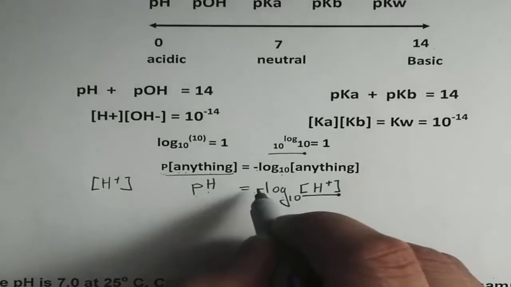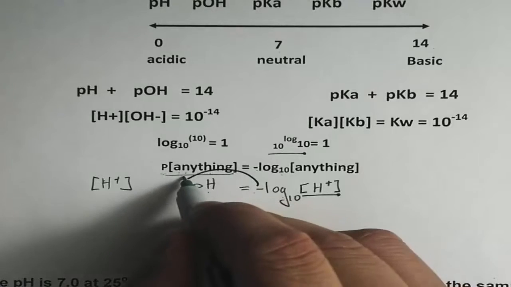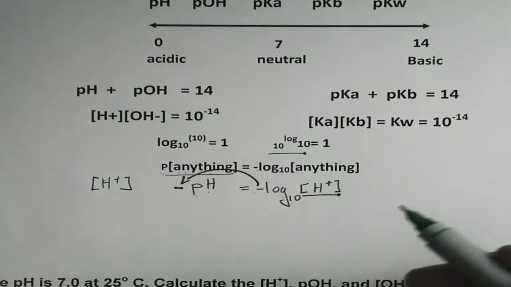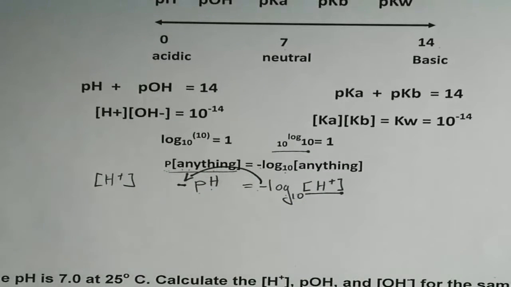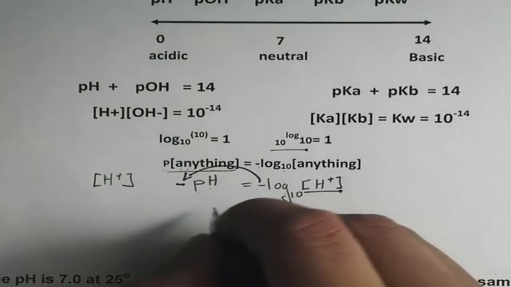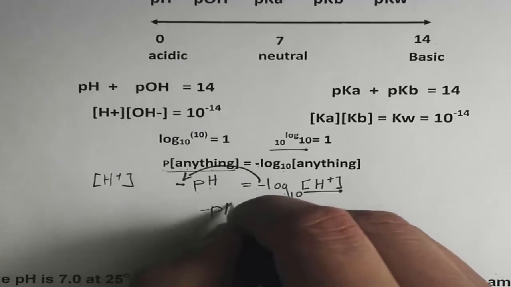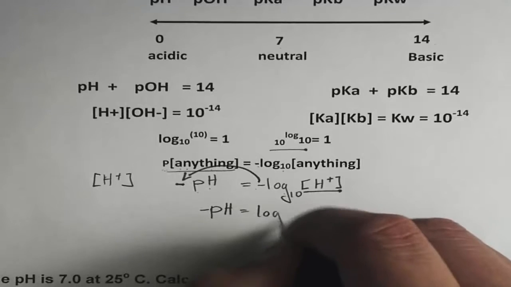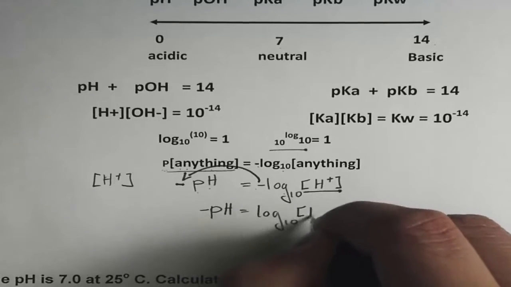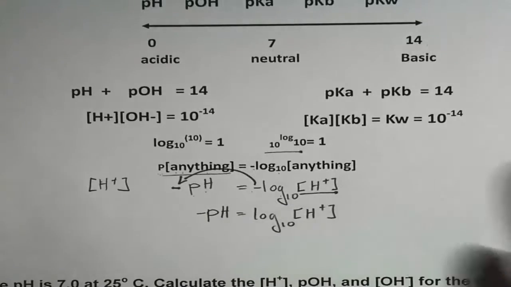First of all, we need to bring the negative sign over here, and that will give us negative pH equal to the log with a base of 10 of the concentration of H plus. That's basic math, right?